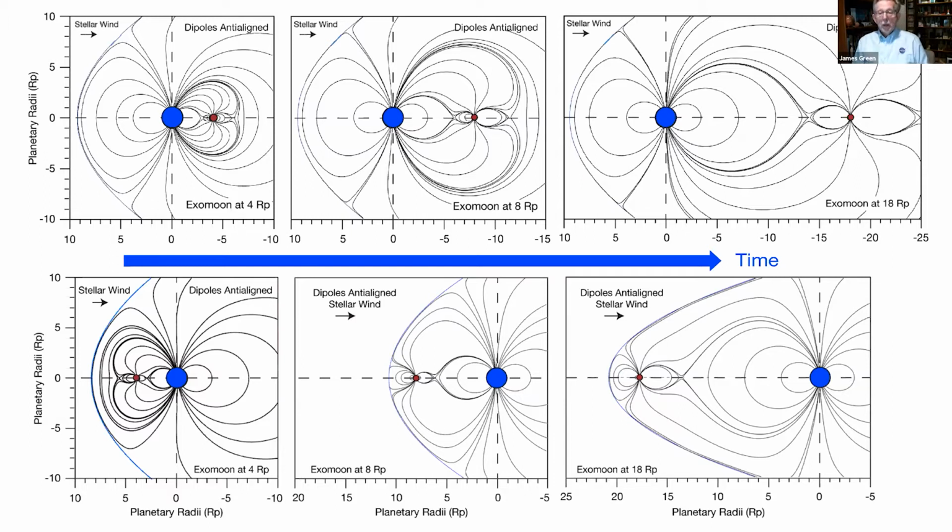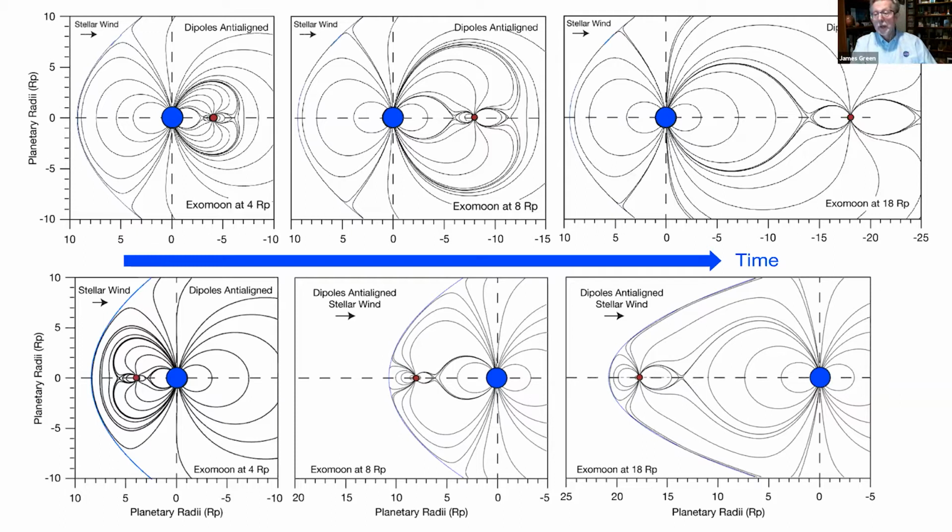What we see in the top panel is that the exomoon field lines crowd up, in particular at the higher latitudes. This moves those field lines into the polar cap region, where it's typically open field lines, but now creates closed field lines. The bottom 3 panels show us where the exomoon on the day side really provides a great barrier against intense solar wind.